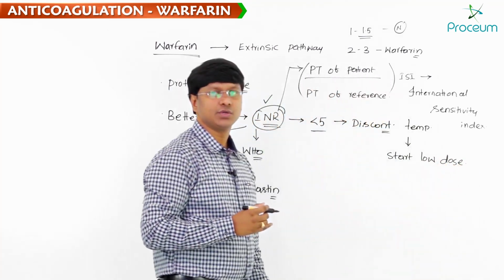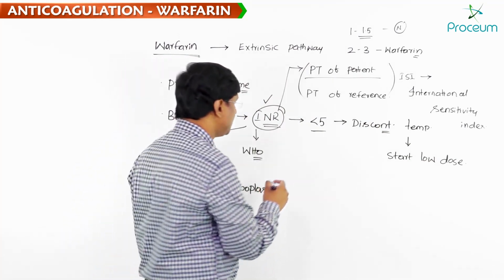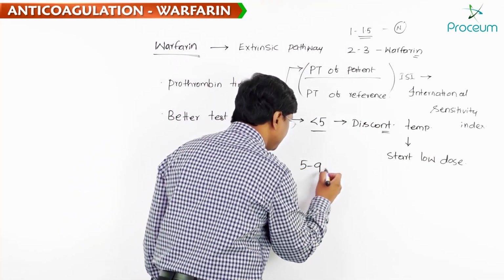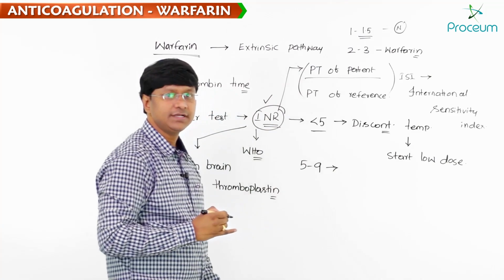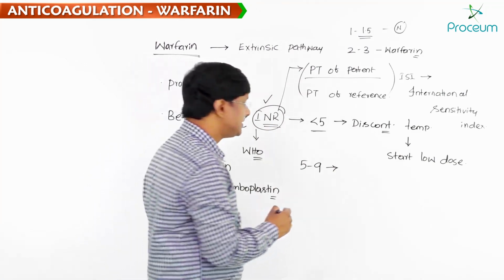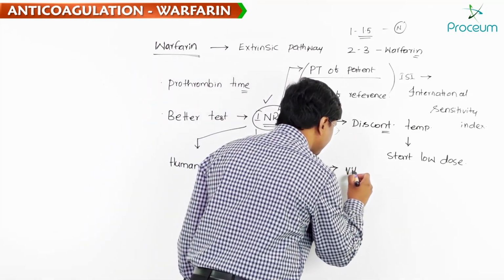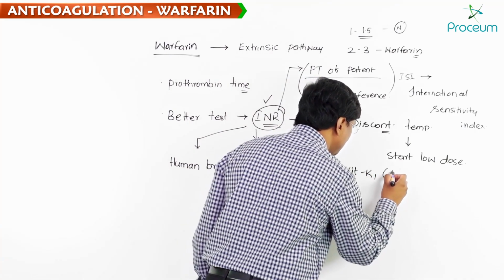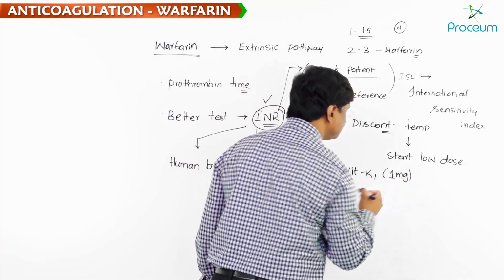Then you need to start at a low dose. But if the INR is between 5 to 9, then you have to give vitamin K1 of 1 milligram.